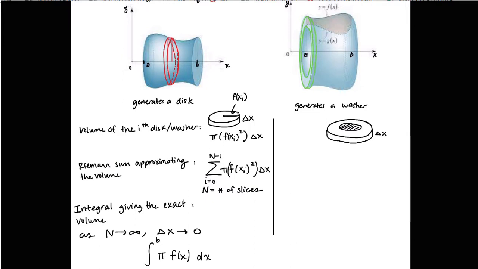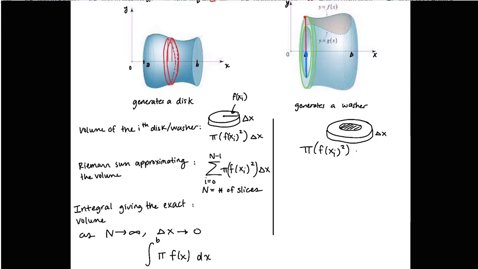So when we find the area, we're finding the area of the big circle and subtracting the area of the small circle. It's kind of like we have an outer radius and an inner radius. The outer radius would be given to us by this red line, the height of f of x, and the inner radius would be given to us by the blue, which is the distance from the x-axis to the g curve. So we'll find the area of the big circle, which is pi f of x sub i squared.